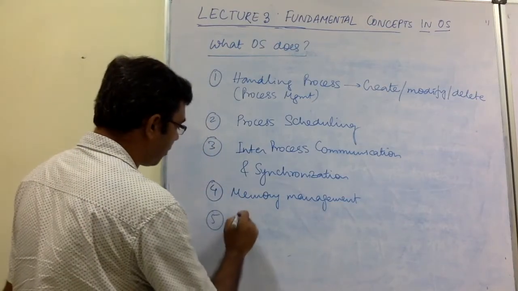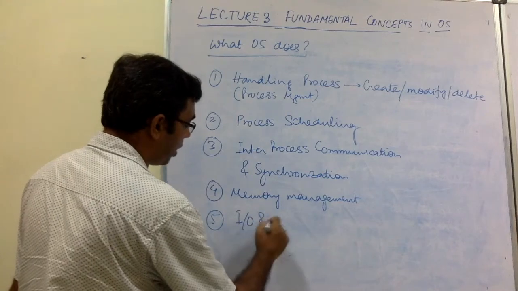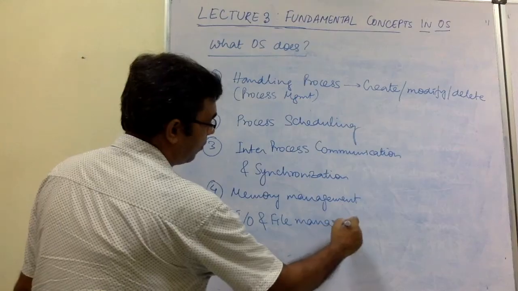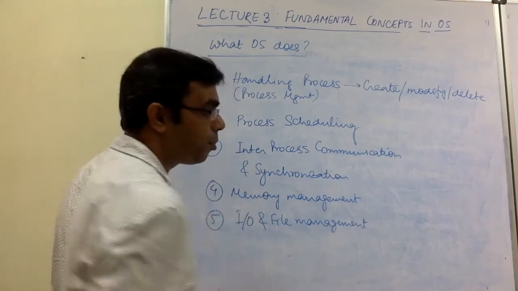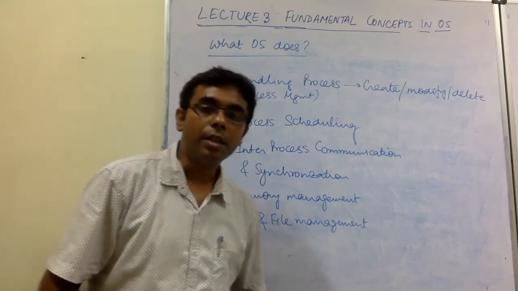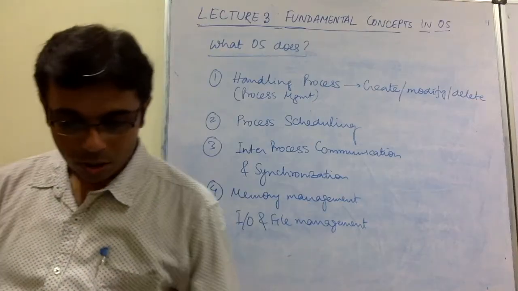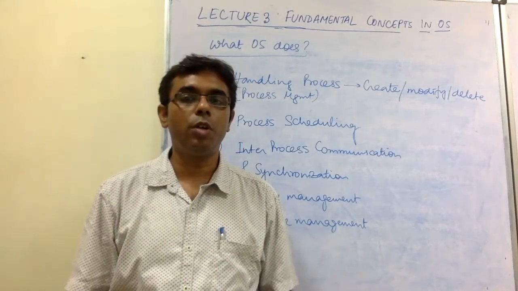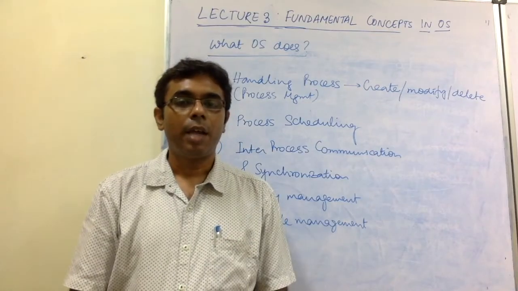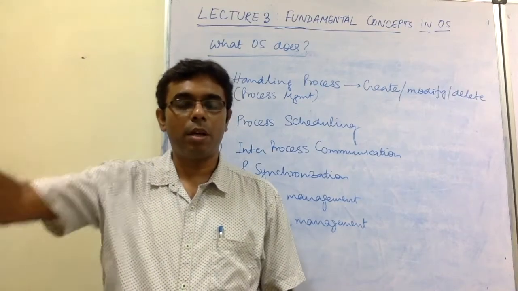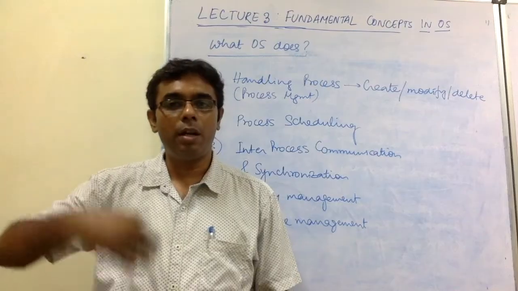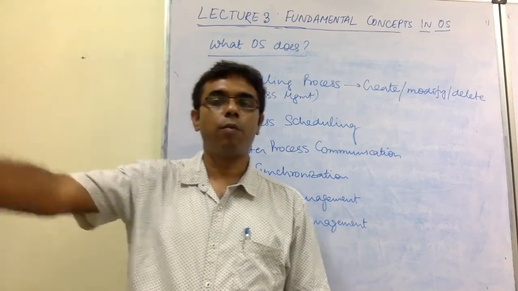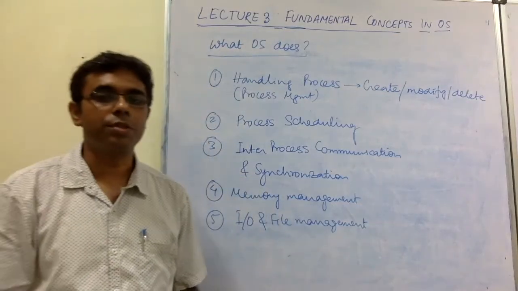And then we have finally the I/O and file management. That is again a very important thing that the OS does: it finds out how a block of code, which we usually call a file, will have an equivalent form as a process.